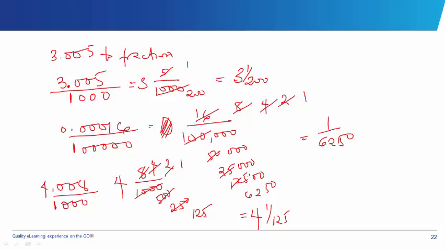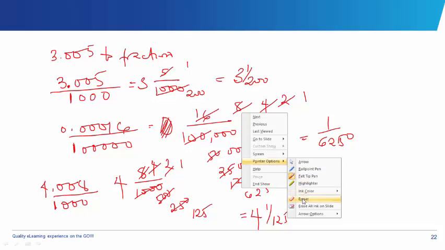Now let's look at other examples for this chapter. The first example says arrange in ascending order of magnitude 3/4, 1/4, 2/5, and 2/3. Ascending order means ascending like you're climbing a ladder.